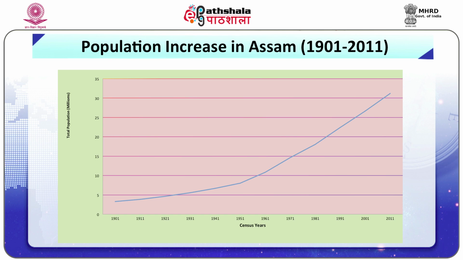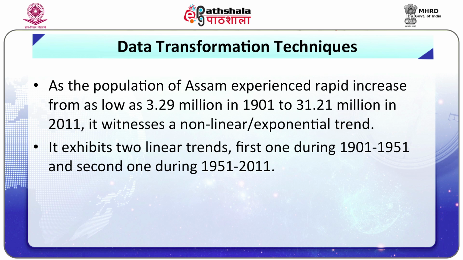Table 2 shows the trend of population in Assam during 1901 to 2011. As the population of Assam experienced rapid increase from as low as 3.29 million in 1901 to 31.21 million in 2011, it witnesses a non-linear exponential trend.